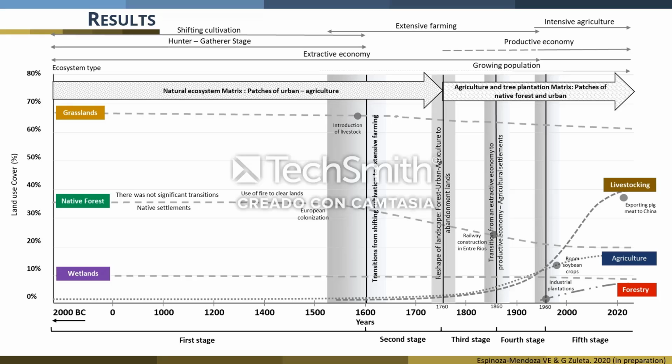I think the major challenge at this point, and of this result, was trying to detect similar patterns and processes between the three provinces, because these provinces have a high heterogeneity in their historical development.